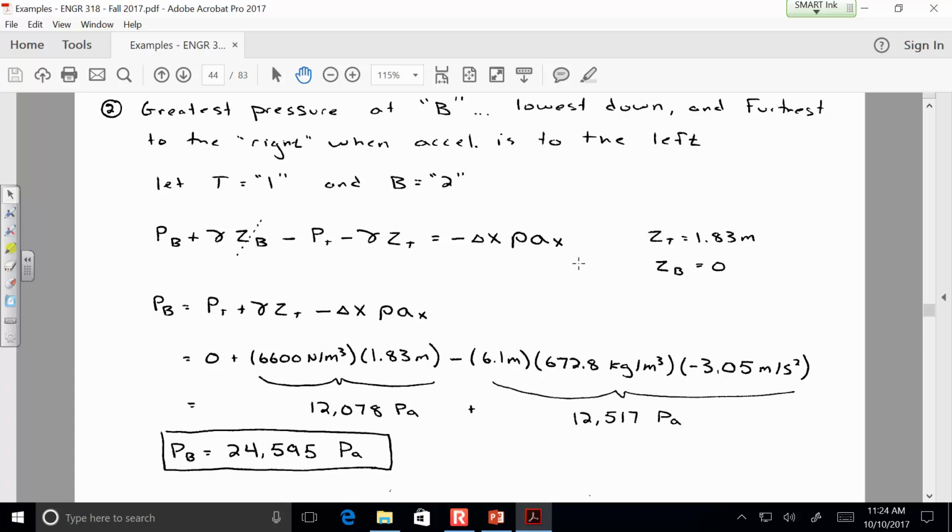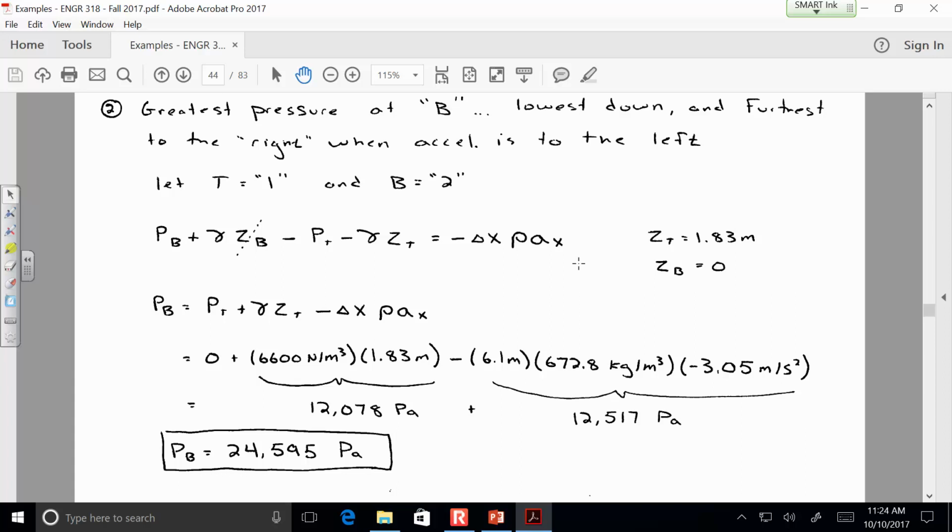So how many people got 24,595 pascals? Good, good. All right. So I like to break it up into parts and think about, all right, some of the pressure was due to the acceleration in the horizontal direction, and some of the pressure was because of the elevation difference between the two. And so that 24,595 looks like 12,000 of it was because of the elevation difference.